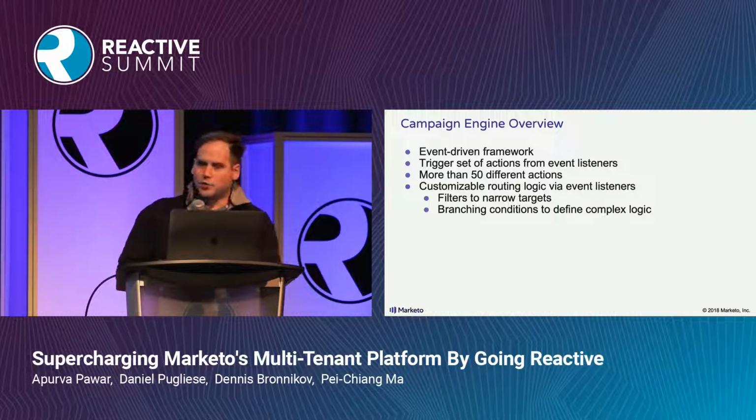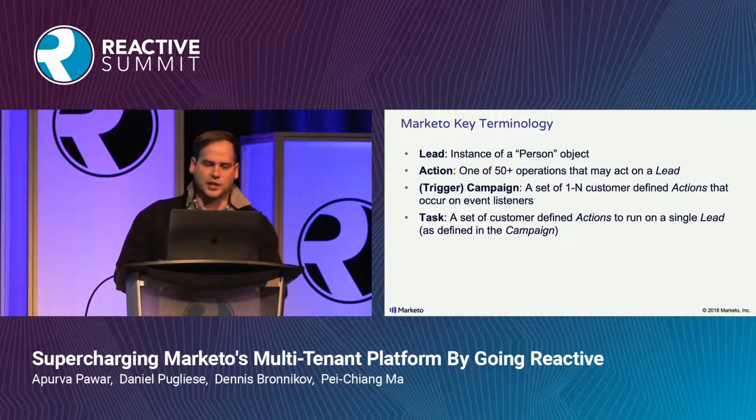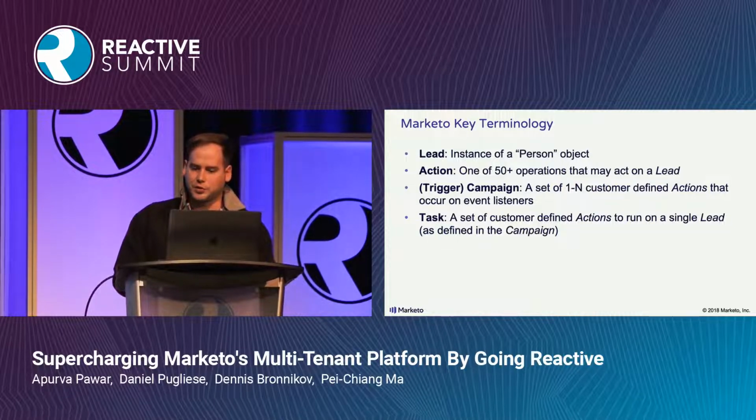So before I give you a concrete example of what that looks like, I'm going to just define a few key pieces of terminology. First off, a lead. A lead is basically an instance of a person object, as in a person that one of our customers may be trying to market or sell their product to. An action is one of 50 or more operations that may act on a lead.